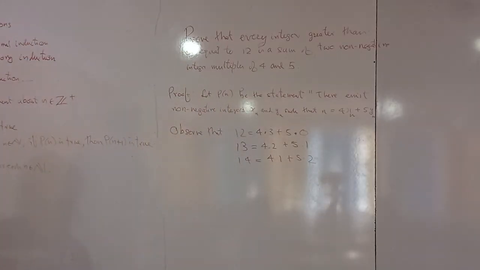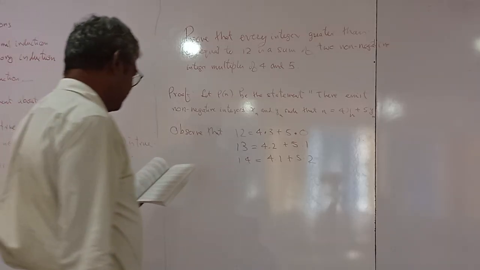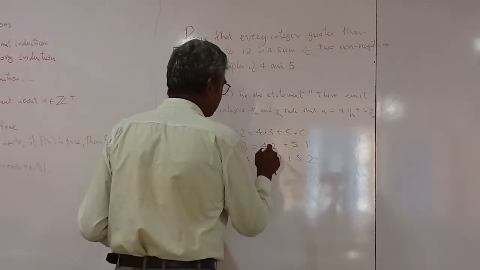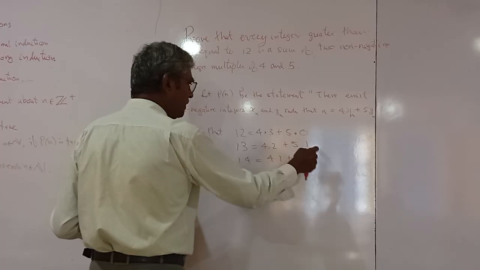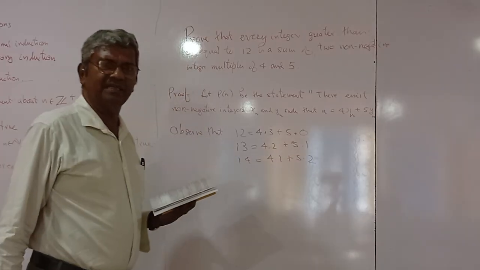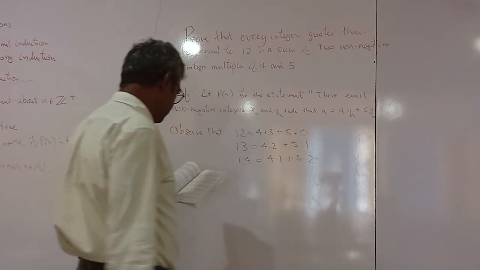These are true. Now I have proved the result for 12, 13, 14. But if I continue this way, you have to wait till next year. This is true because 3, 0, 2, 1, 1, 2 are non-negative integers. So I am not writing all that.